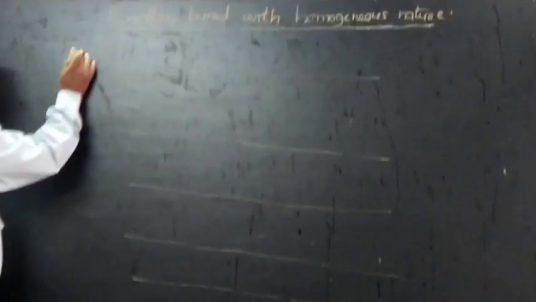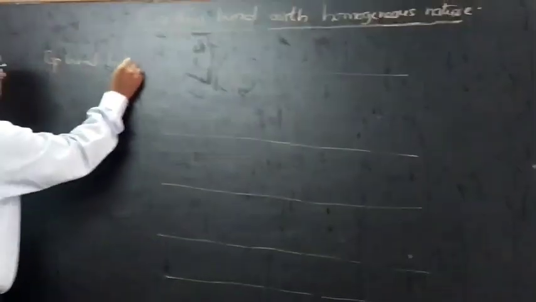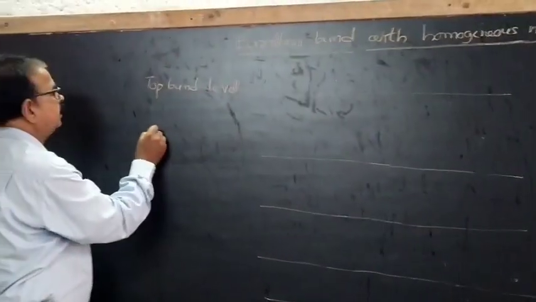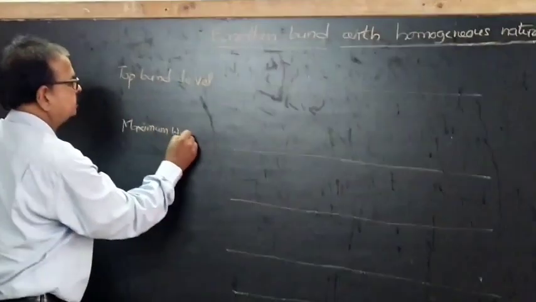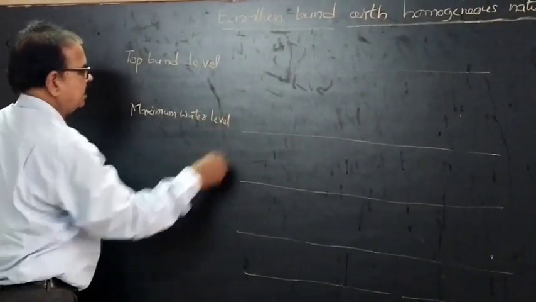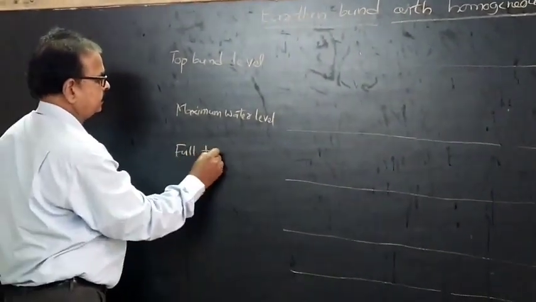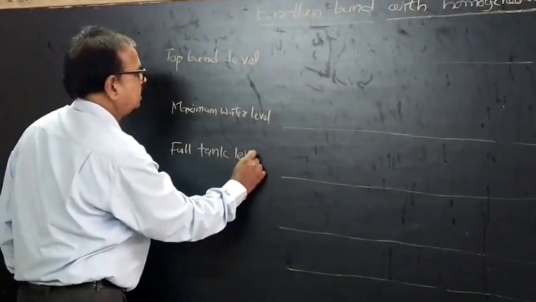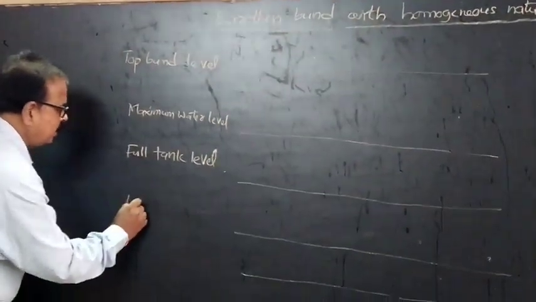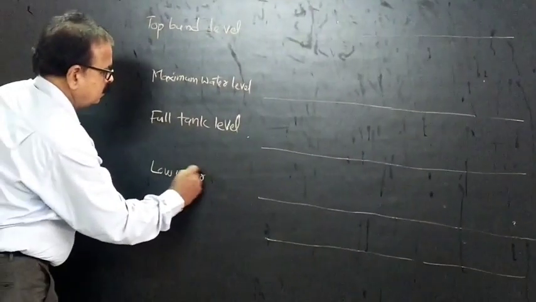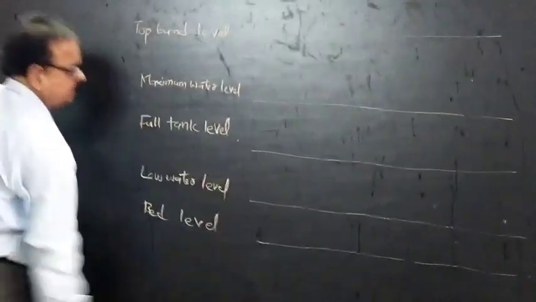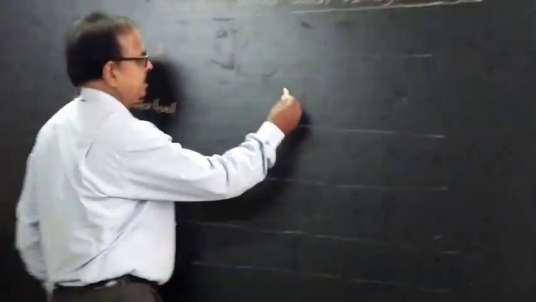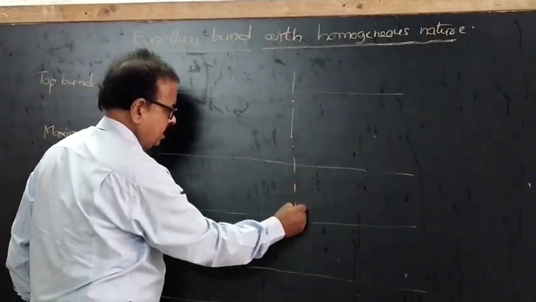First one is the top bund level, then maximum water level, full tank level, low water level, and bed level. Then select a suitable center of this RL.